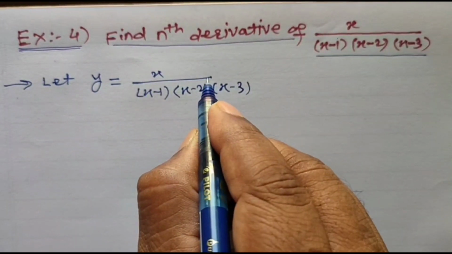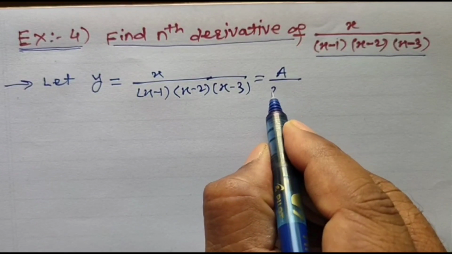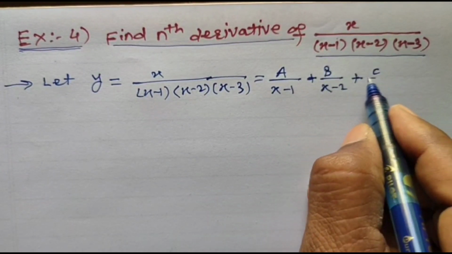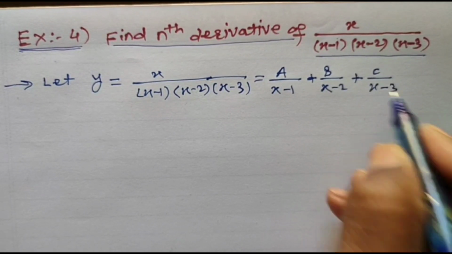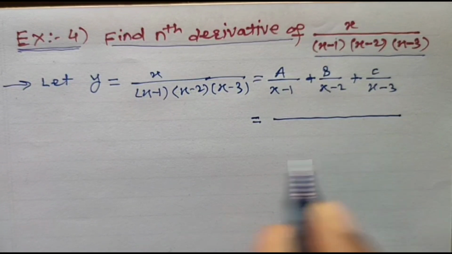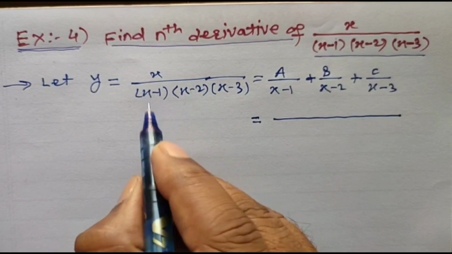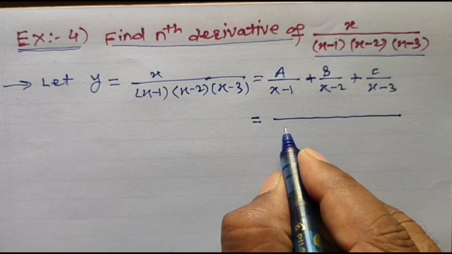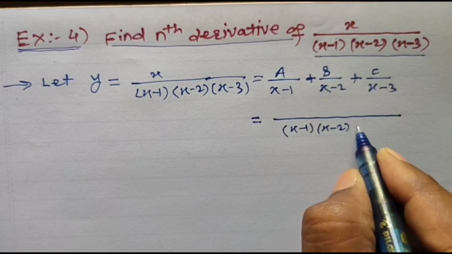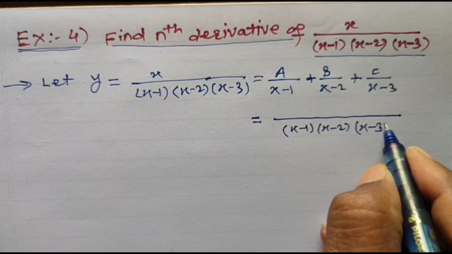This can be written as a upon x minus 1 plus b upon x minus 2 plus c upon x minus 3. Taking the LCM of the right hand side, that is nothing but the denominator of the left hand side, (x minus 1)(x minus 2)(x minus 3).